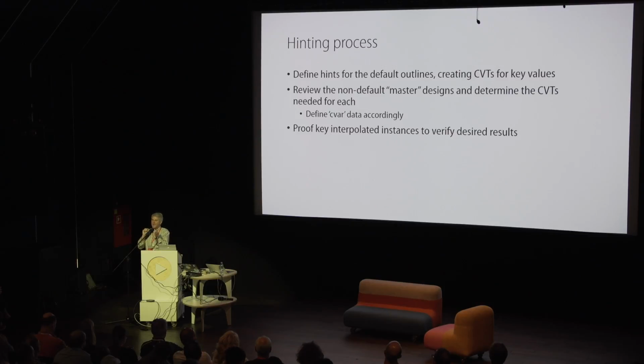Focus on those and figure out what corresponding CVT adjustments are needed for those particular points. And then the tools should take those adjustments to the CVTs and from that generate the CVAR table data that you need. When you've done that, then you can proof the non-master interpolated instances to make sure that you're getting the visual results that you expect.